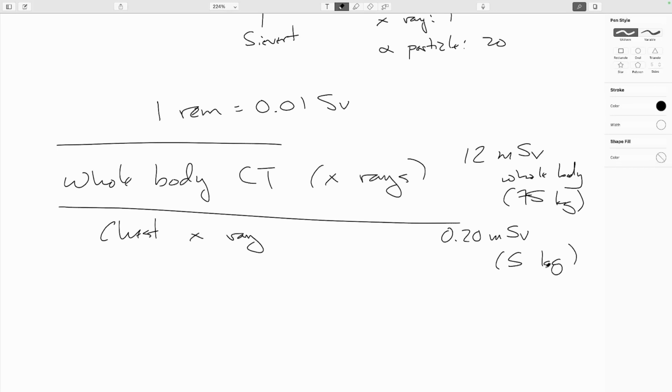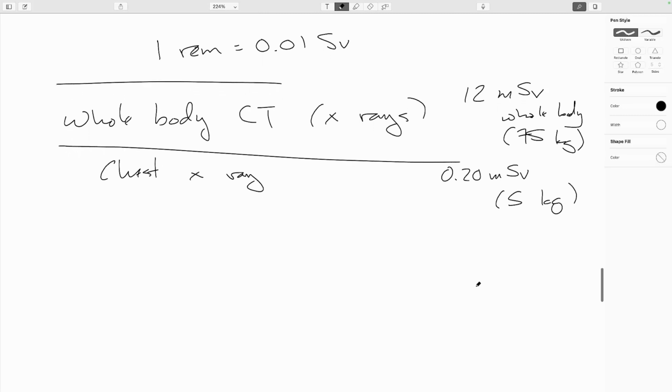So let's see how many chest X-rays a whole body CT would amount to. First off, since this is X-rays, the RBE is equal to 1. That means in this case our doses will be the same numbers but in grays.